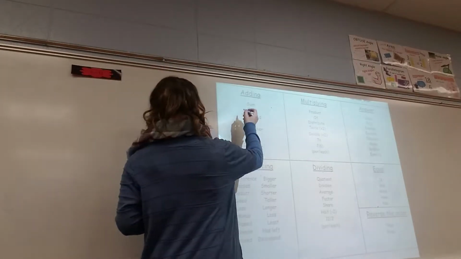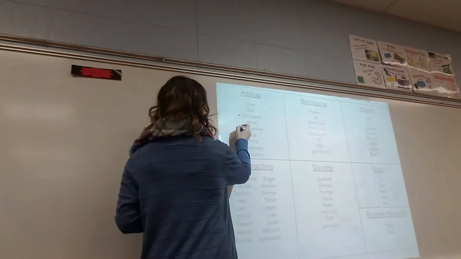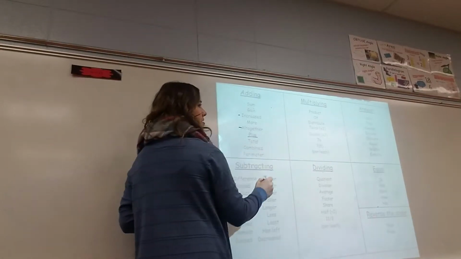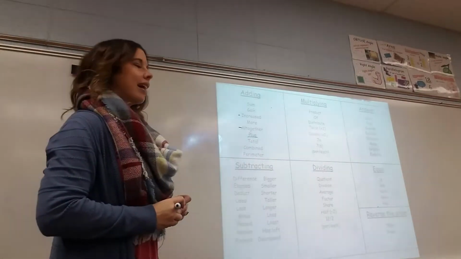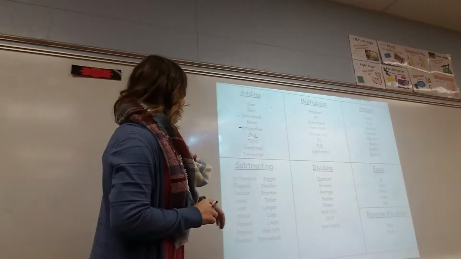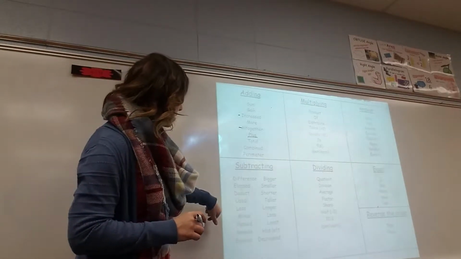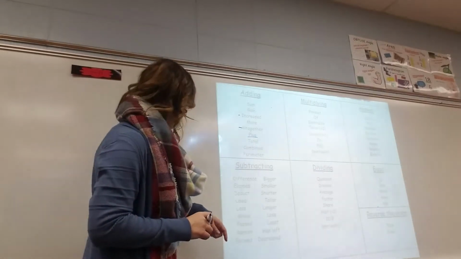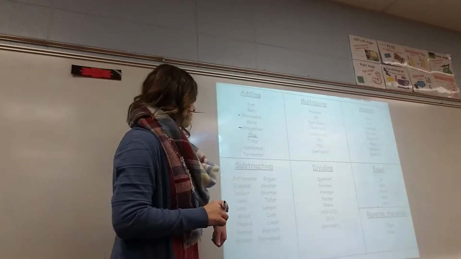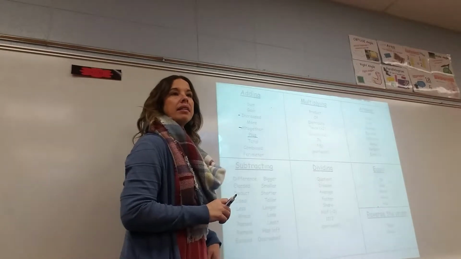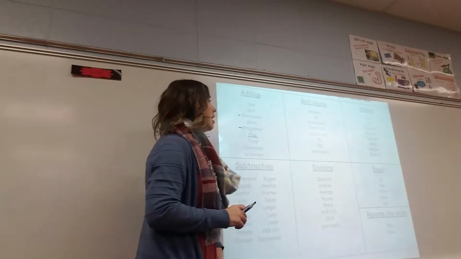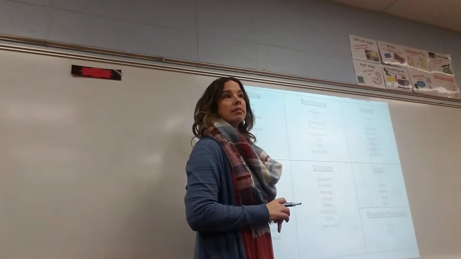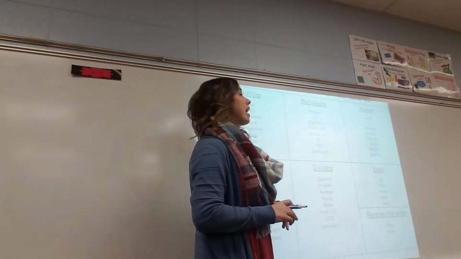For adding, there was some, increase, altogether. We forgot the easiest one. Plus. Okay, add, that's a good one. Subtracting, we had difference. We didn't even get minus. Okay, decrease. All right, multiplication.